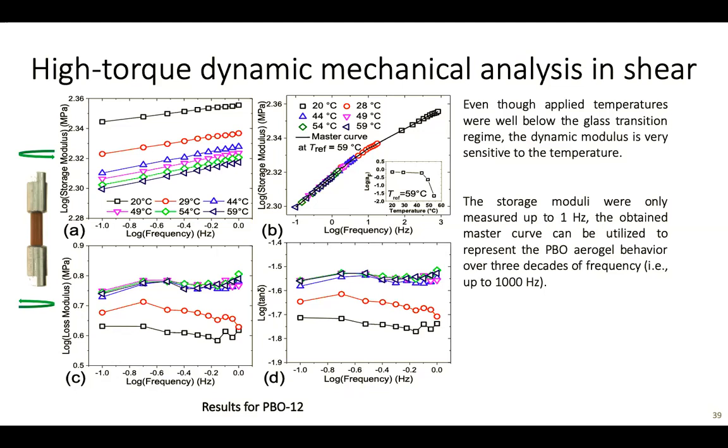Low frequency and high frequency measurements are relatively easy, but middle frequencies are really hard. With this technique, we measure only to 1 hertz. Now you can see that by shifting the data over, you can predict the properties all the way to 1000 hertz, 3 decades after.